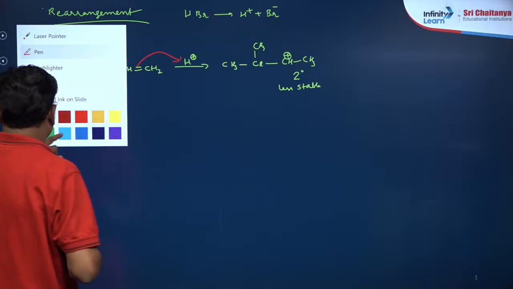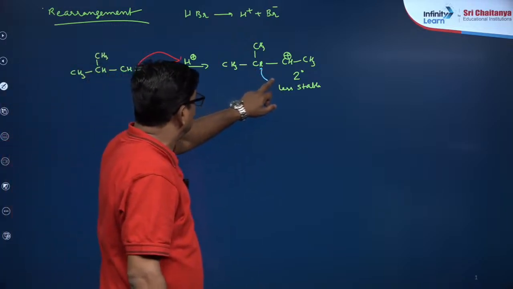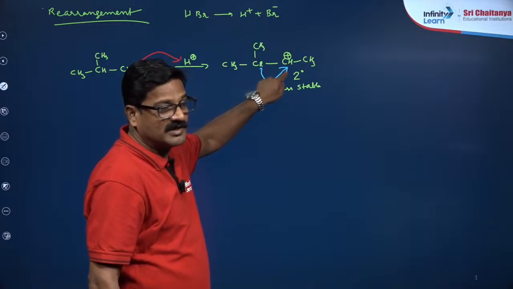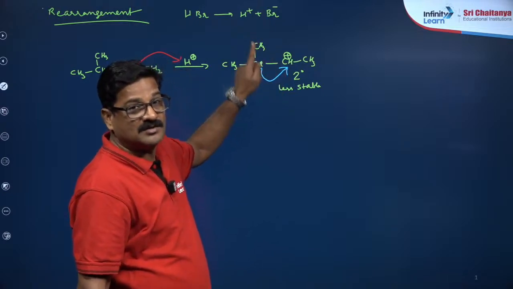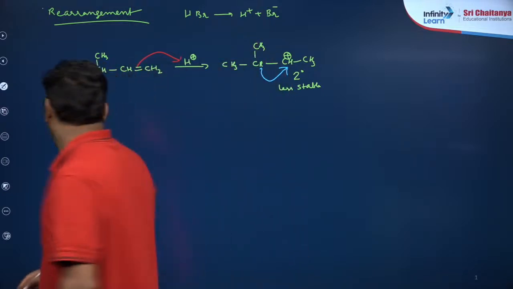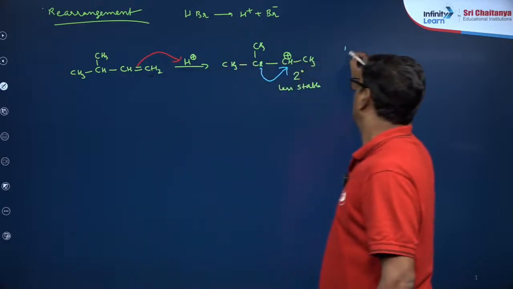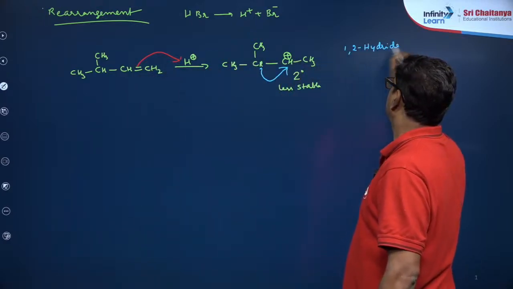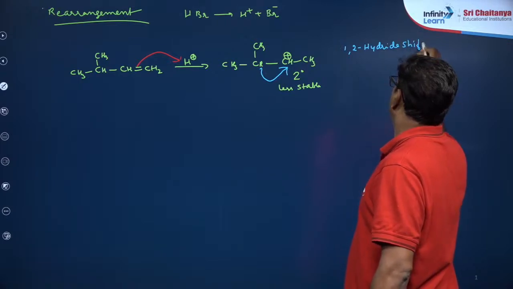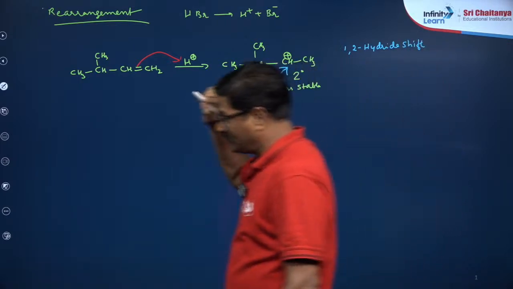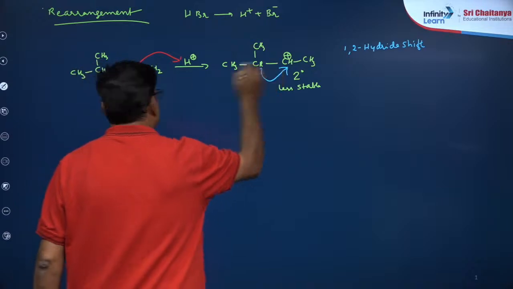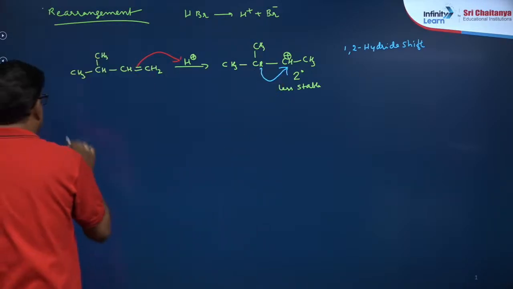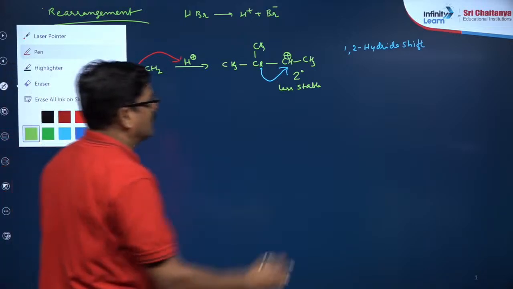Therefore, what happened? This hydrogen from here shifted from this place to this place. This is what you call rearrangement, a 1,2 hydride shift. So H minus is going to be shifted from this carbon atom to this carbon atom. So you are going to see the formation of the more stable carbocation.